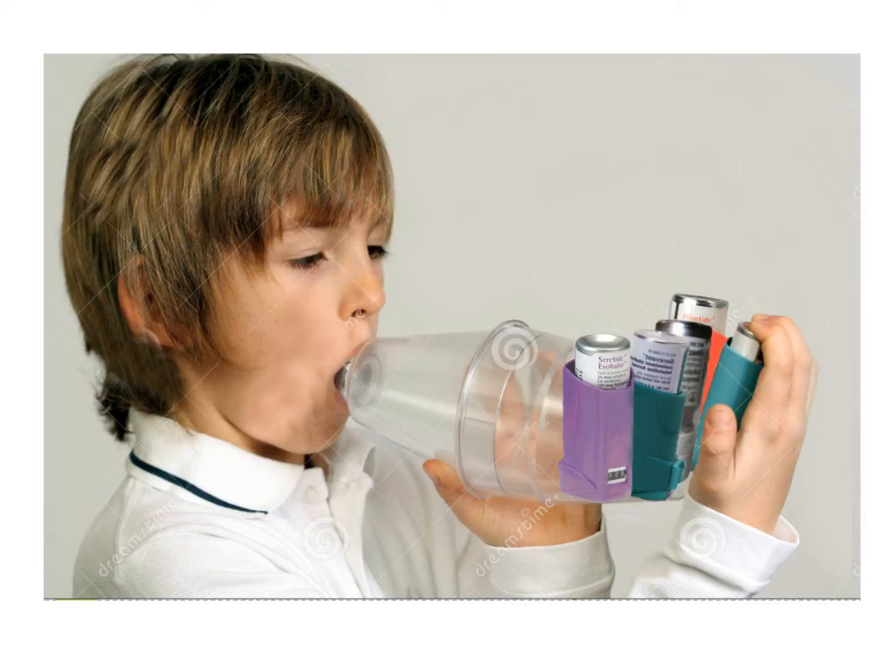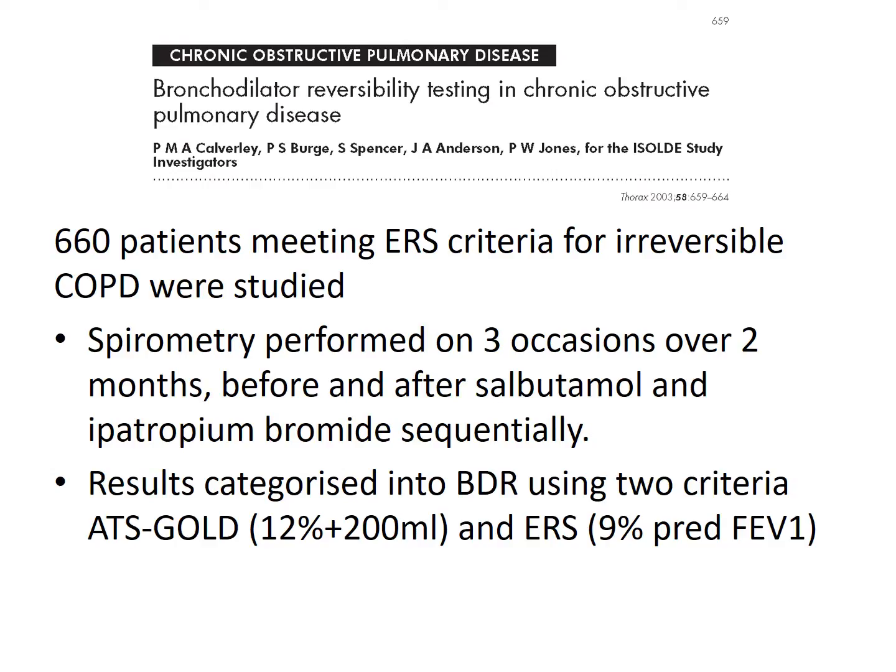Let's look at the next study. This is called the ISOLDE study, Calverley et al. They performed an analysis of all the bronchodilator response testing they did during this study. ISOLDE stands for Inhaled Steroids in Obstructive Lung Disease in Europe.